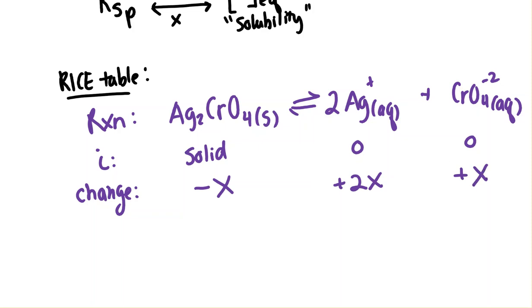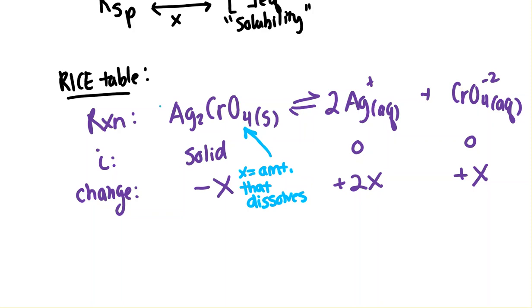Now, why? First of all, let's talk about this x. This x we use as the amount dissolved, and it's always the amount of the solid that dissolves, okay? And it's x moles.